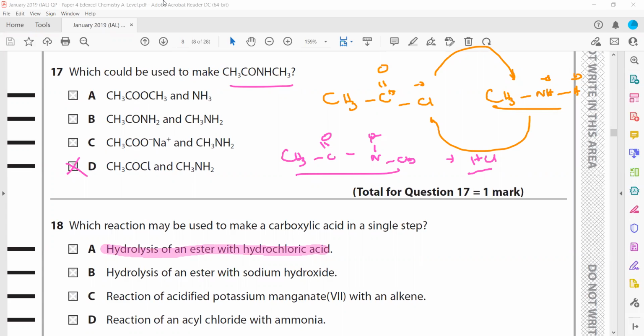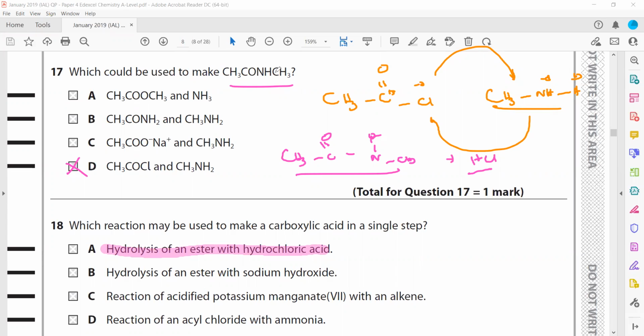And because it is with hydrochloric acid, the solution already has more H plus ions. So as more H plus ions are there, the carboxylic acid does not further react with alcohol to form ester back again. Then hydrolysis of the ester with sodium hydroxide does not work.